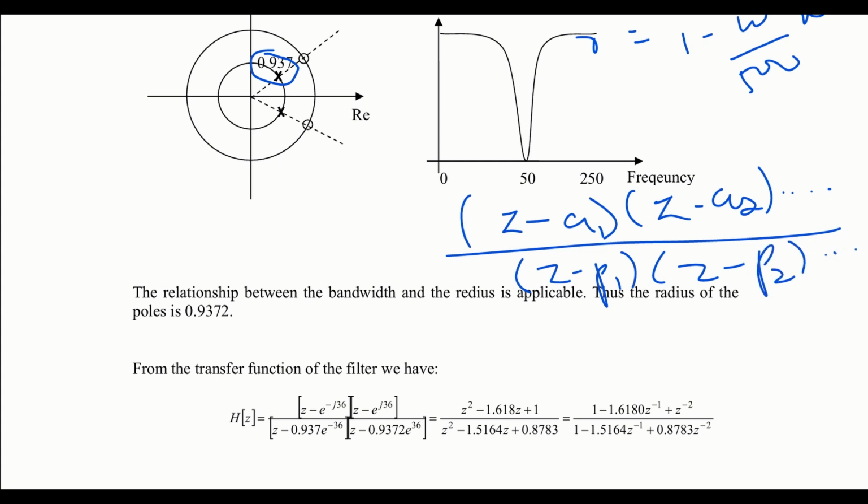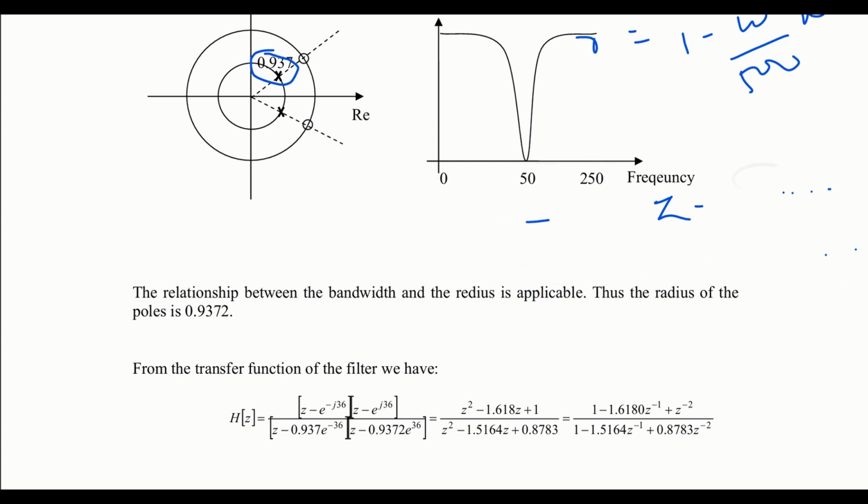Now the a1, a2 here are your zeros, and the p1, p2 here are the poles, right? I'm very much aware that that was in the previous video. So to evaluate this now, remember that you had an angle of 36 degrees.